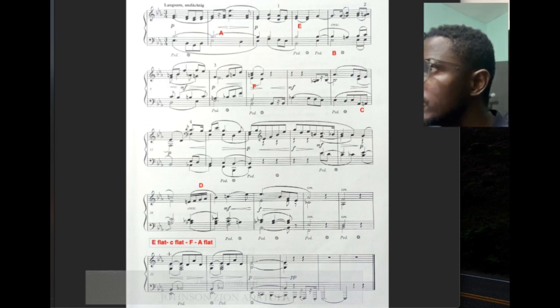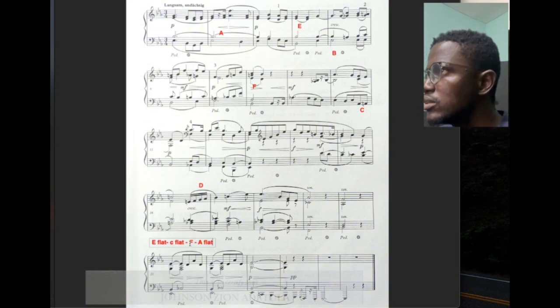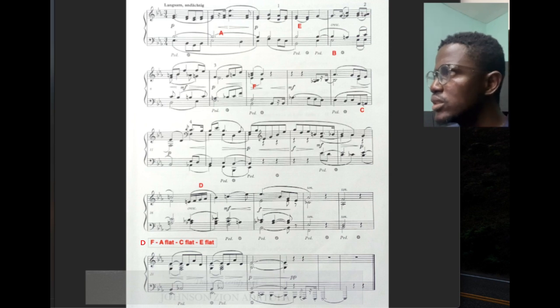That will be A flat due to the key signature, and that's E flat again. Rearranging this is F, A, C flat, E flat. That's surely diminished.